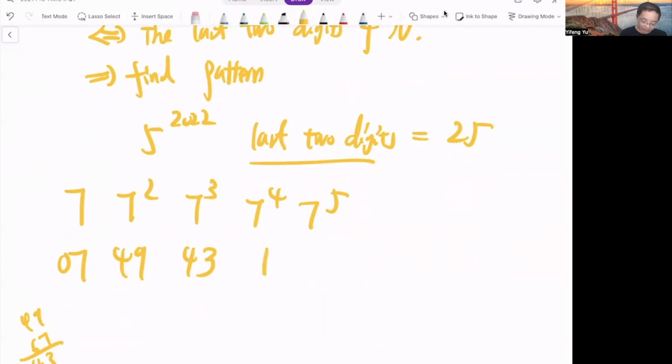Then another 7 gives 01. Then 07 again. So you see what happens: it's a 4 cycle.